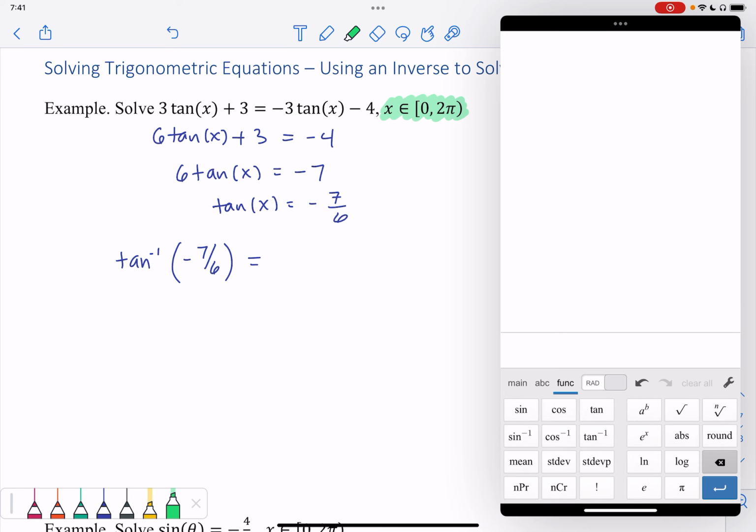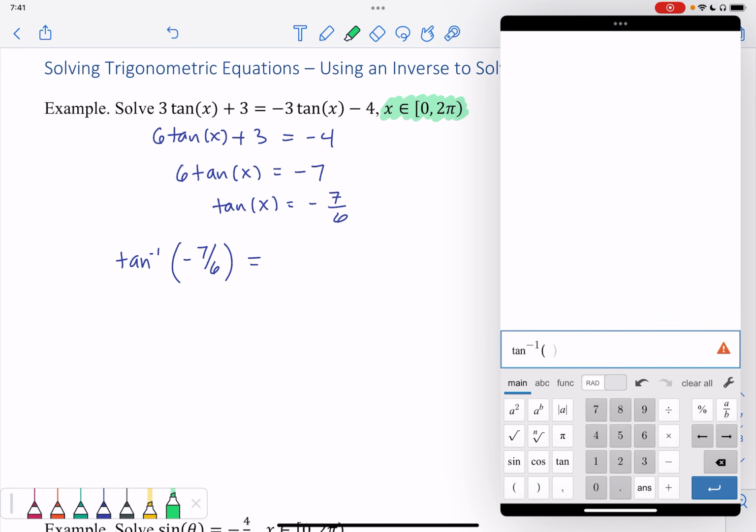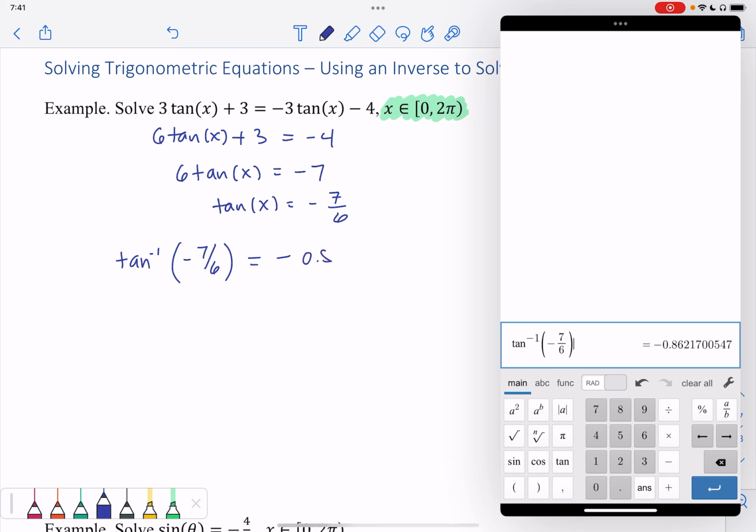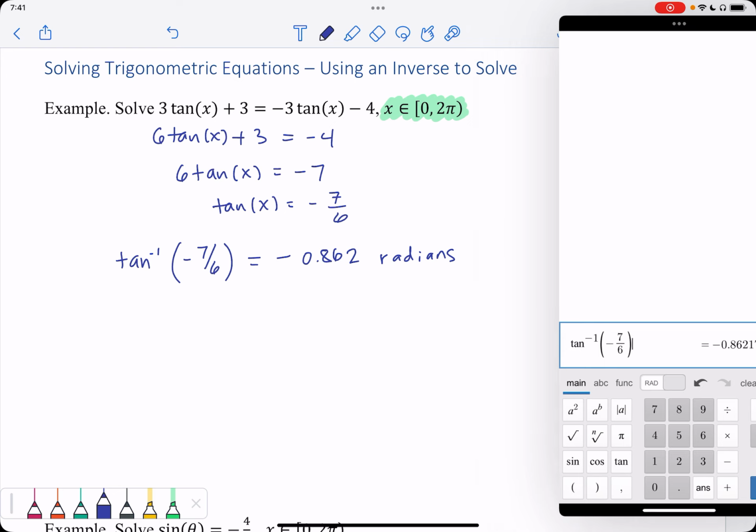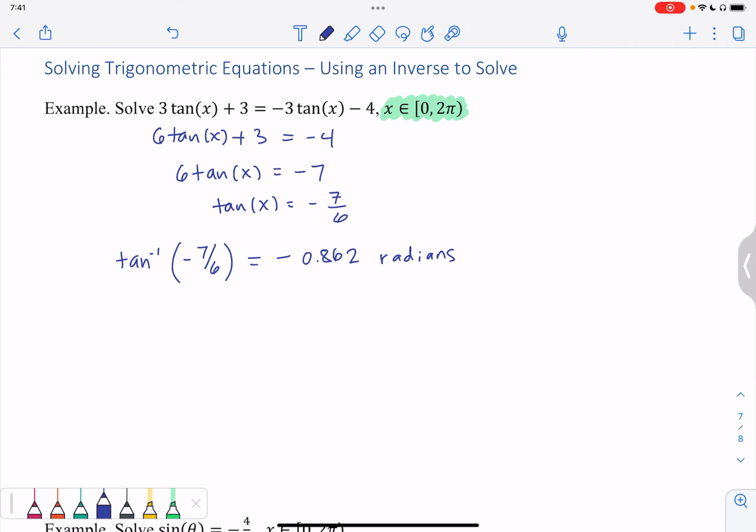I'm going to pull up the function menu to get tan inverse, go back to the main menu, and enter in negative 7/6, and then end my parentheses. And I get negative 0.862 radians. I'm writing radians to remind us that the output for tan inverse is an angle.